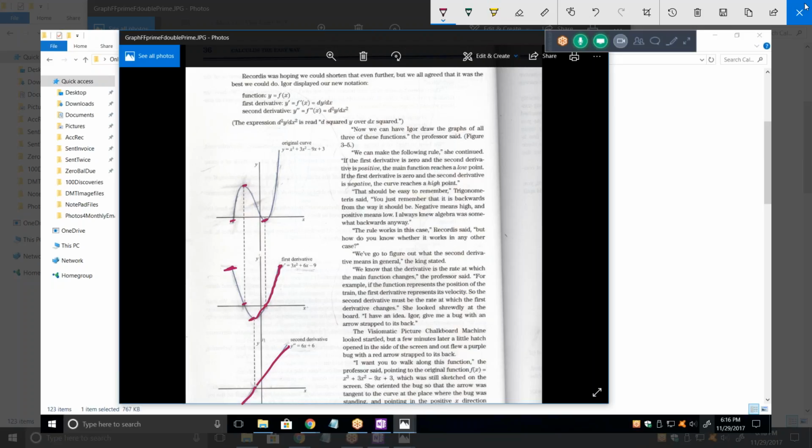And the second derivative should be 0 at the extrema of the first derivative, and it is. Also, look where the inflection point is on the original function. If you drop that straight down to the second derivative, that's where 0 is. In other words, if I keep extending that dotted line all the way down there like that.